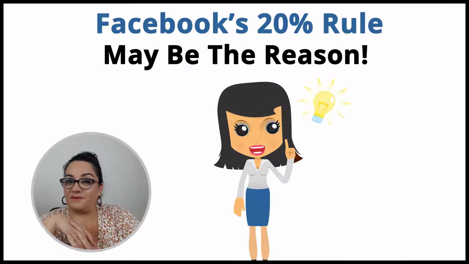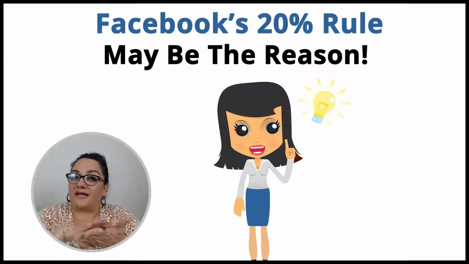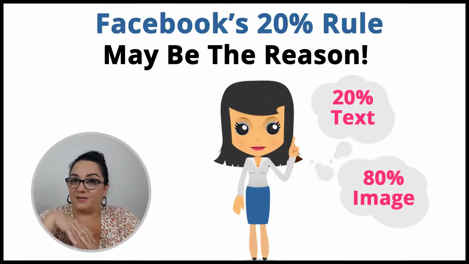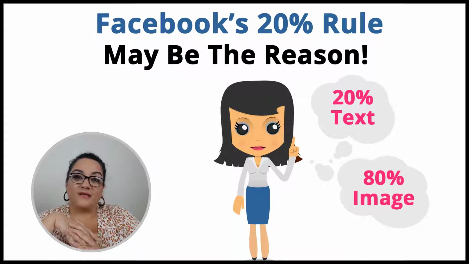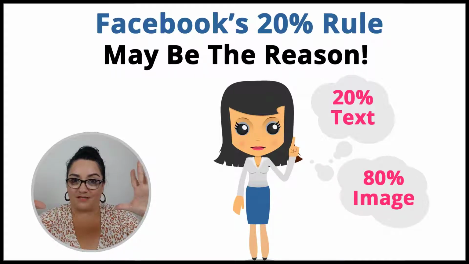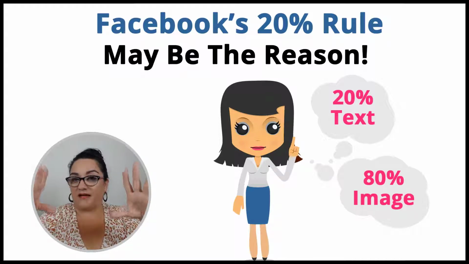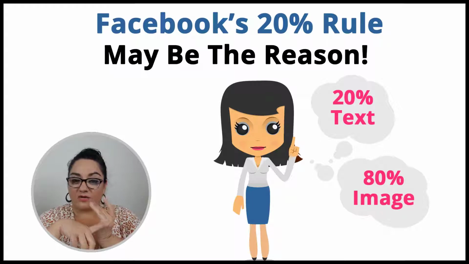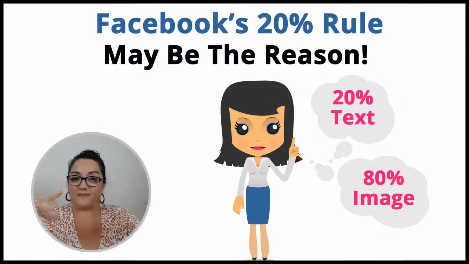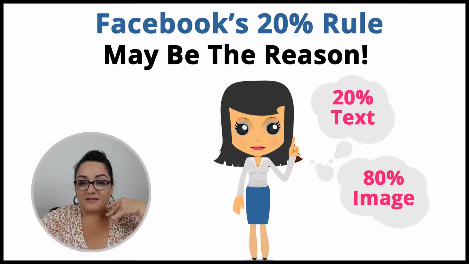This may be the reason why some of your ads aren't being approved, because with the 20% rule, they want 20% text and 80% image. And the more text you have and the less image you have, the more likely your ad won't be approved, or the reach of how many people see it may be lower.